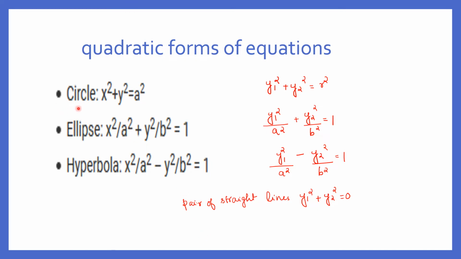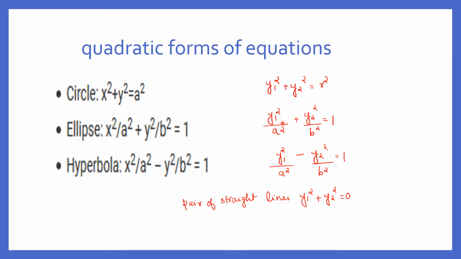In the case of a circle, the general equation is x square plus y square is equal to a square, or it can be represented as y1 square plus y2 square is equal to r square, where r is the radius of the circle. For an ellipse, it can be denoted as x square by a square plus y square by b square is equal to 1.